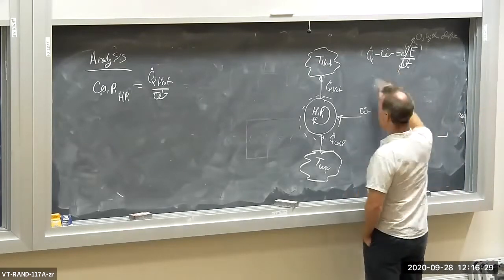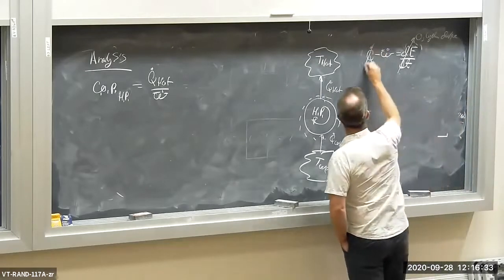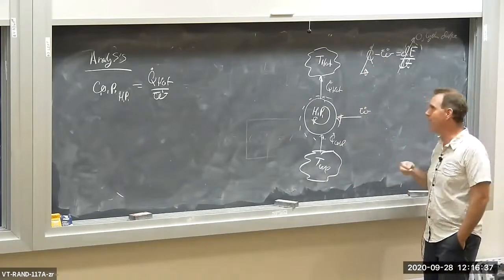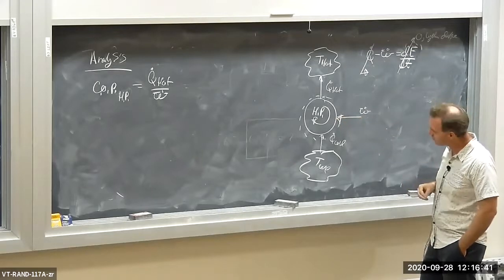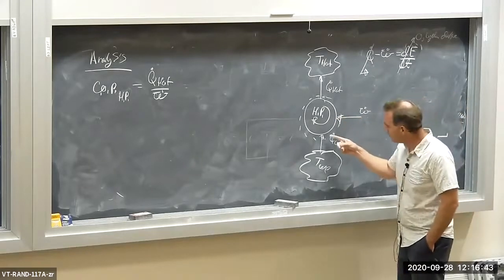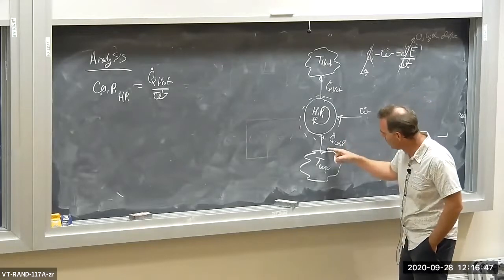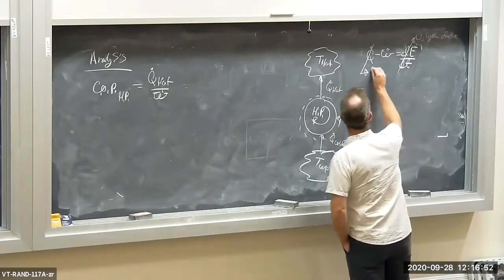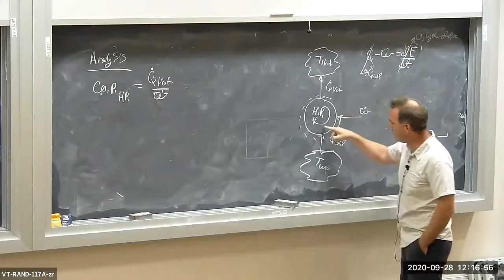The work, there's our W dot. The net heat transfer in is the total heat transfer into the heat pump. I got heat transfer in and out of 2 different locations. I have the heat transfer from the cold place going in, so Q dot cold is being transferred in.